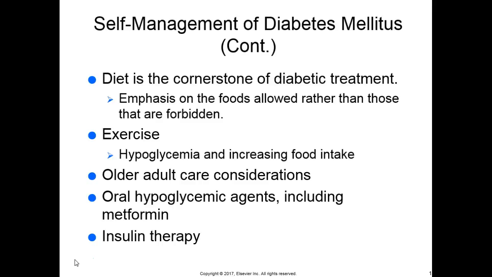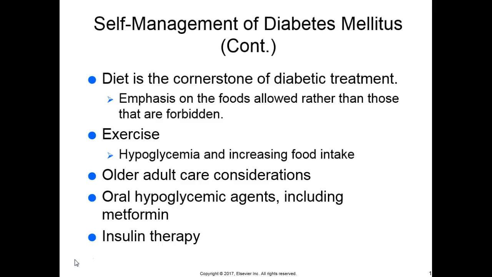They also include interventions such as physical activity and behavioral strategies. The goal is to provide adequate nutrition with sufficient calories to maintain a normal body weight and also to control cholesterol so that the blood glucose can be kept within safe limits.